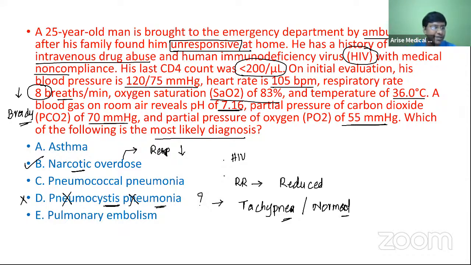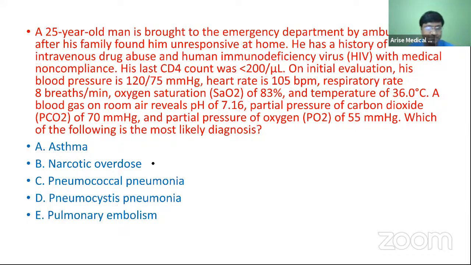What do the opioids do? Opioids cause respiratory center suppression. Because of this respiratory center suppression, the respiratory rate is reduced. Once the respiratory rate is reduced, what will happen to the partial pressure of carbon dioxide? It will be increased.